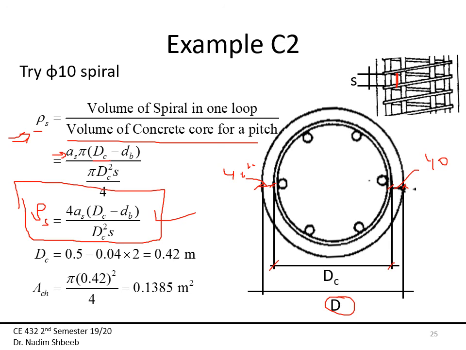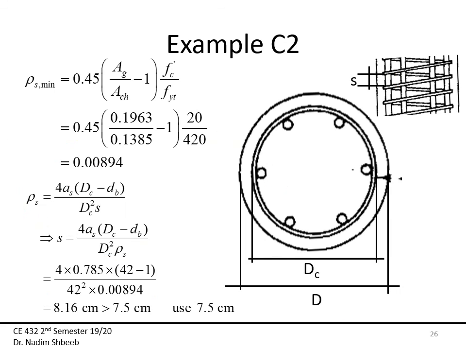Now DC again is going to be my diameter, which was 1/2 meter, which we got by the design, minus the cover from both sides. So DC is going to be 0.42. So the area of the core concrete is going to be just pi d square over 4, and that's about 0.1385 meter square.